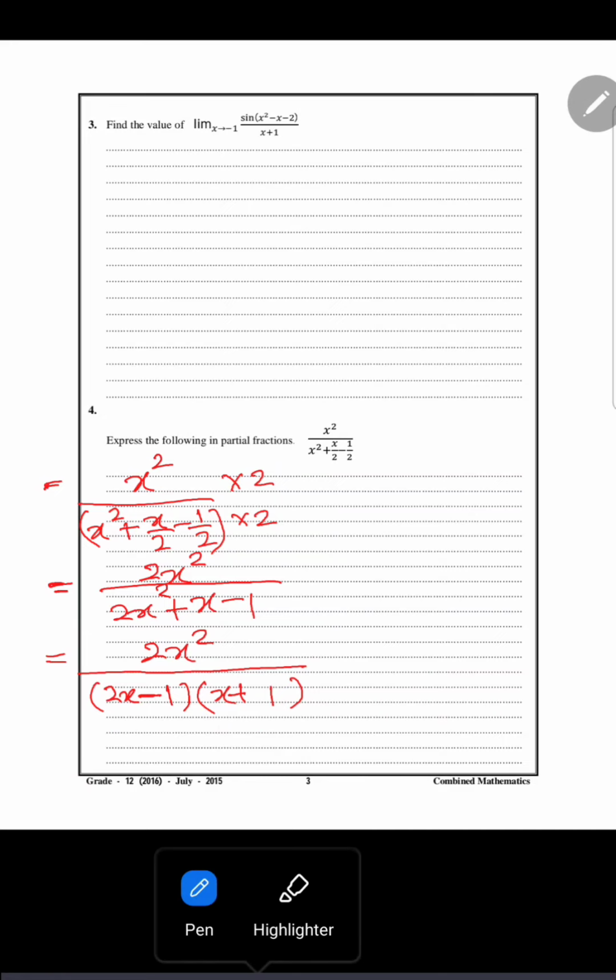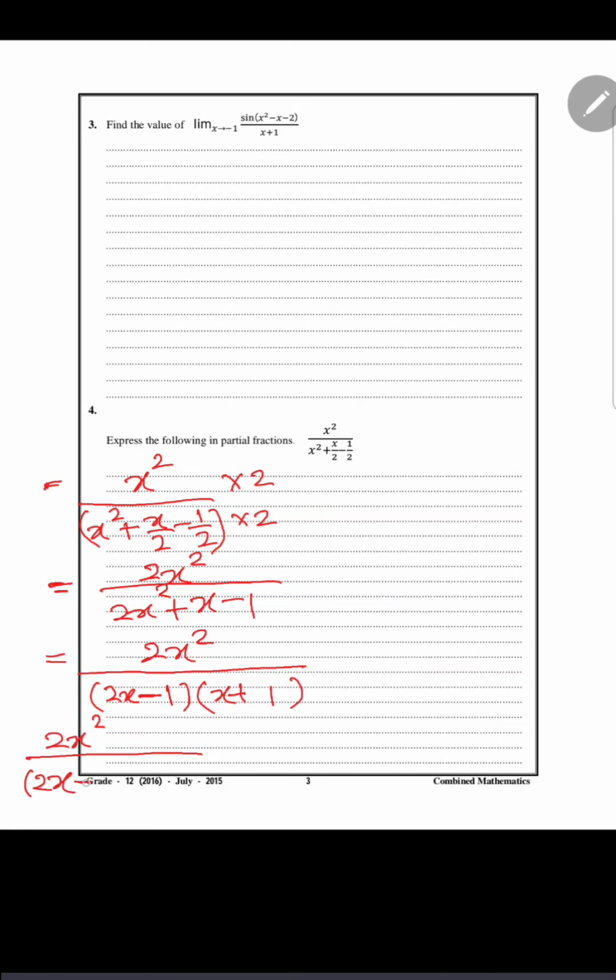Now I have factorized, I can write the partial fractions like this. 2x square divided by 2x minus 1 into x plus 1 can be written as: 2x minus 1 is a linear factor.